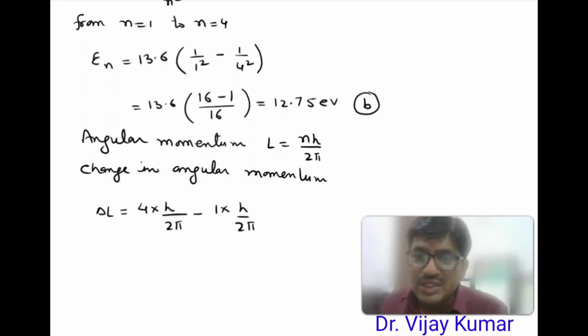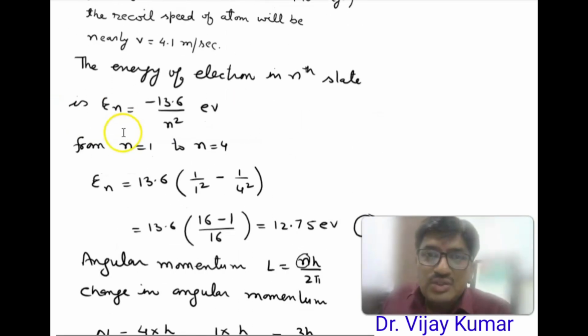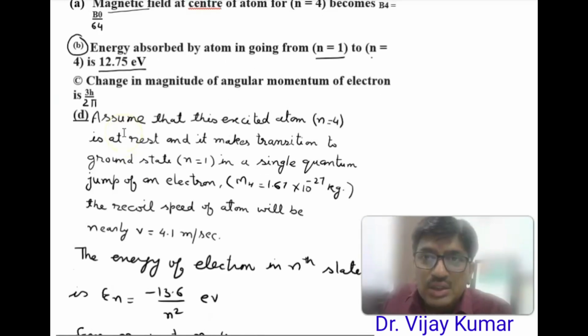As the electron has transited from 1 to 4, in one case n becomes 4 and in the other case n becomes 1, so the change in angular momentum is 4h upon 2 pi minus 1h upon 2 pi, which becomes 3h upon 2 pi. If we check option C, the change in magnitude of angular momentum of the electron is 3h upon 2 pi. This represents that option C is also a correct answer.